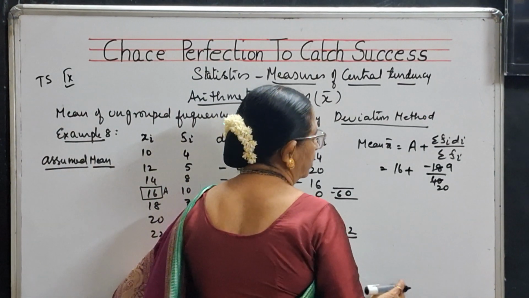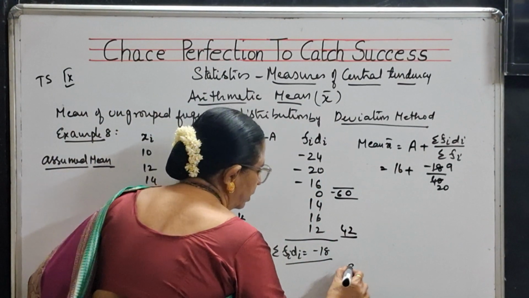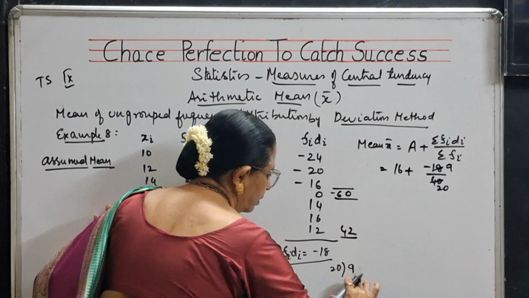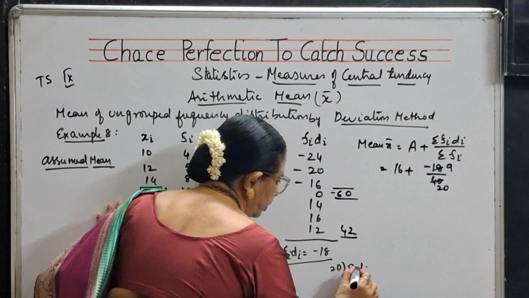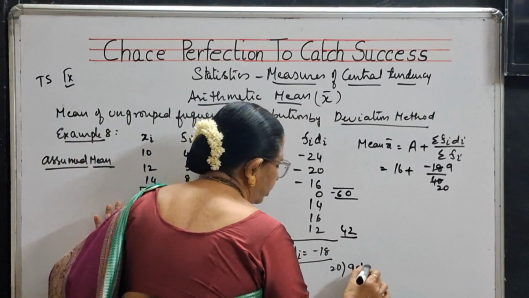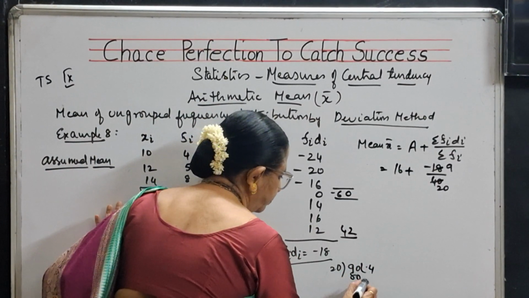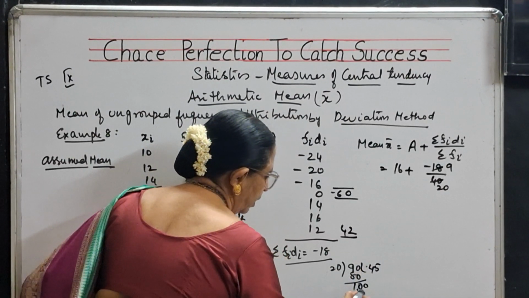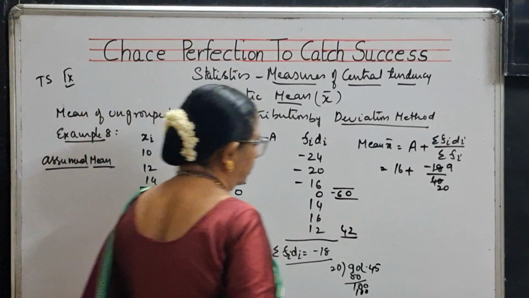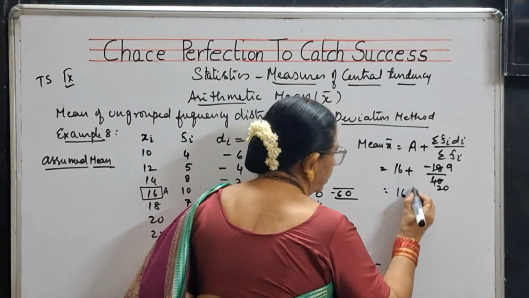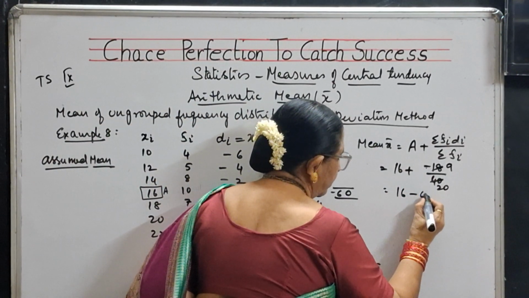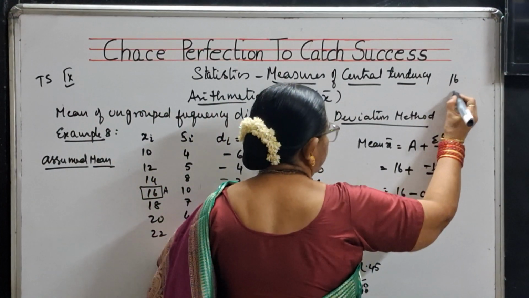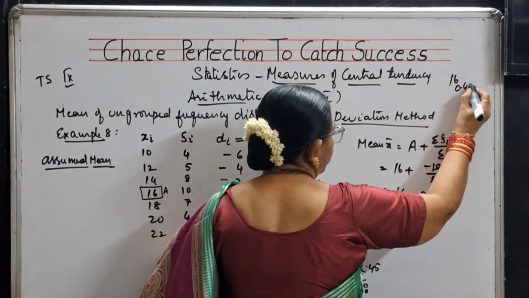So when you divide 9 by 20, you put a point here, 0, then 2 4s are 8, 0, then 1 and 0, 2 5s are 100. Okay, so 0.45. 16 plus minus 0.45, so from 16 you subtract 0.45.